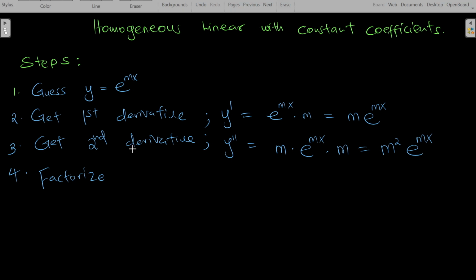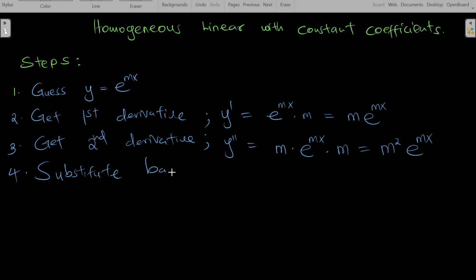In the order of a quadratic equation. So the fourth step is substitute back into the differential equation.